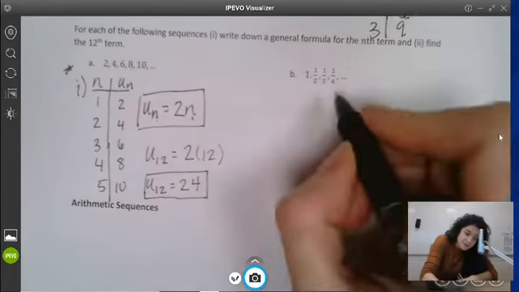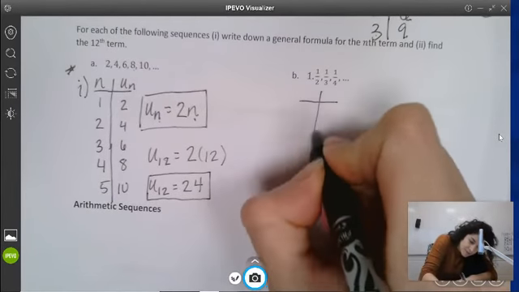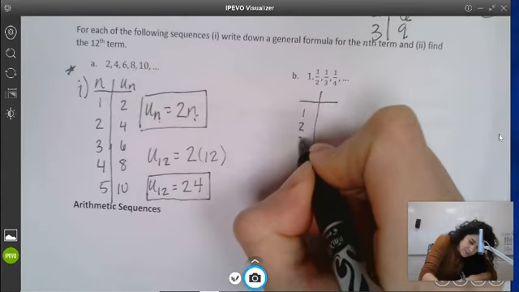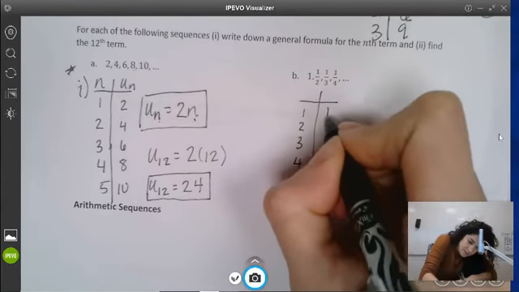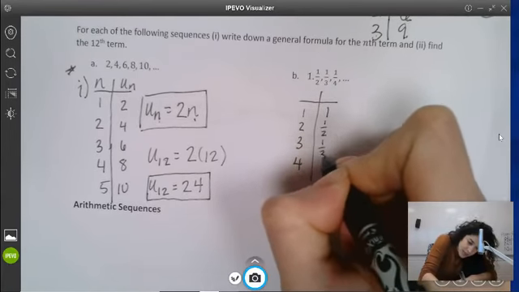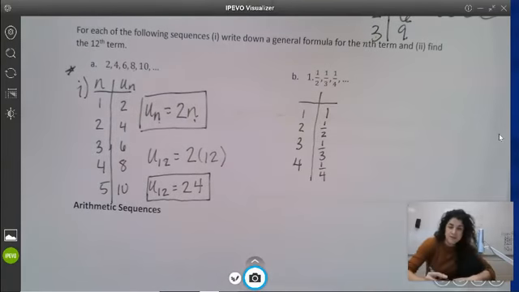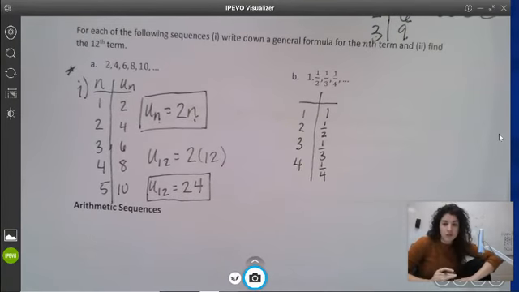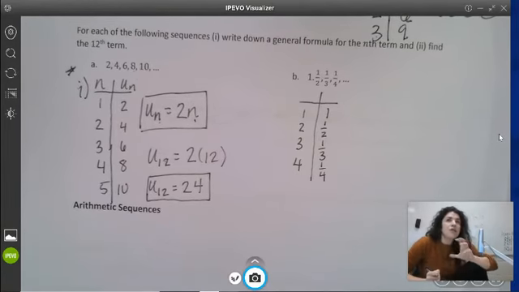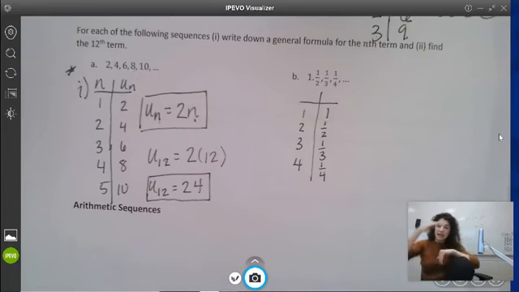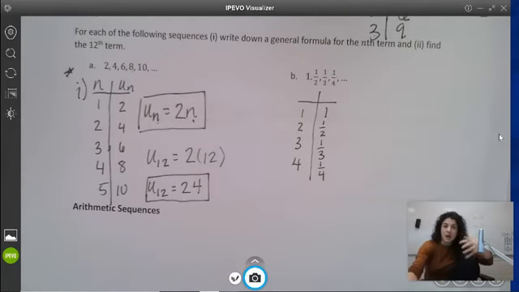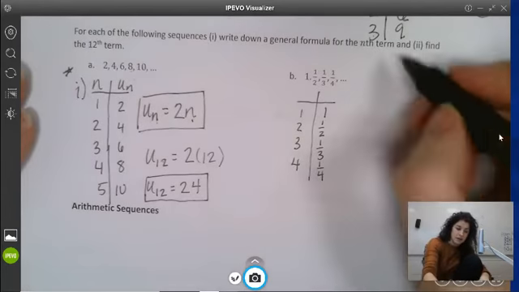Again, I'm going to make a table of values. And fractions can sometimes be weird. With sequences, fractions are weird because we want to represent it as a whole number, but in reality, the fraction pattern needs to be separated into a numerator pattern and a denominator pattern. So when you're dealing with fractions with sequences, just look at the numerator first and then look at the denominator to try and establish what is the pattern.